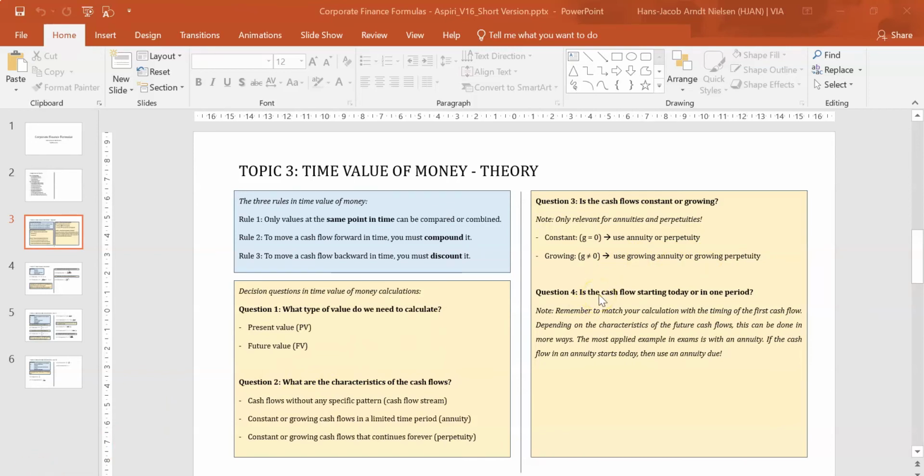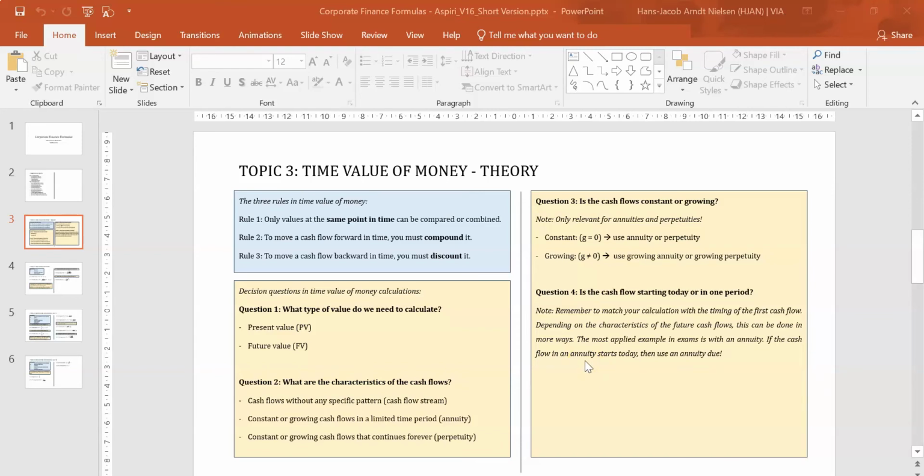The final question that I normally ask myself when having these assignments on time value of money is: is the cash flow starting today or in one period? It makes a great difference in corporate finance if, for example, we start a cash flow today or in one period. If we start a cash flow today instead of in one period, so at the beginning of a period, we call it due.